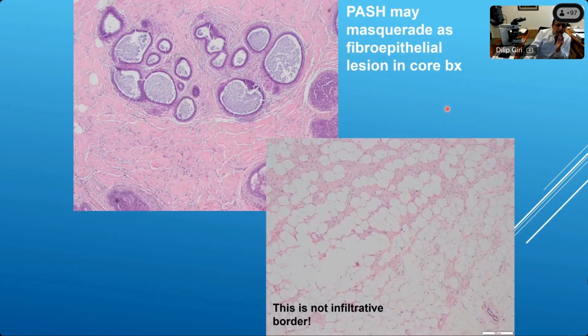Now you have to be mindful that sometimes what looks like infiltration may not actually be infiltrative. Pseudoangiomatous stromal hyperplasia will often show you this picture. So you have to make up your mind whether it is a fibroepithelial lesion or not. And that may require some experience and understanding. Otherwise, you may end up calling something a Phyllodes tumor when it's not even a fibroepithelial lesion.